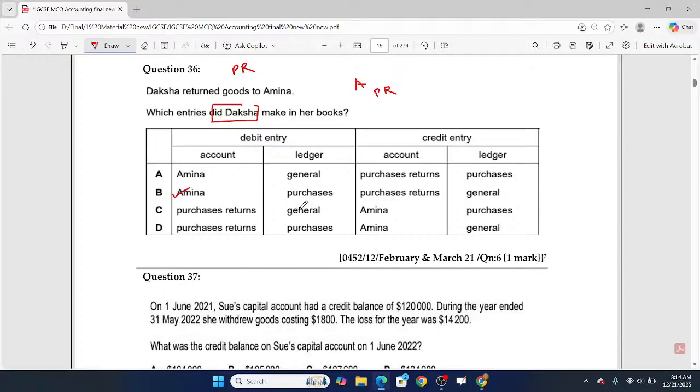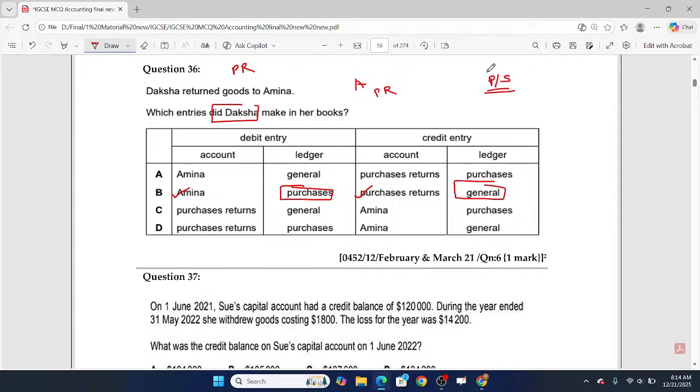This is a special ledger, the purchases ledger, and purchases return will be in the general ledger. Is that clear? We have purchase ledger as well as sales ledger, right?